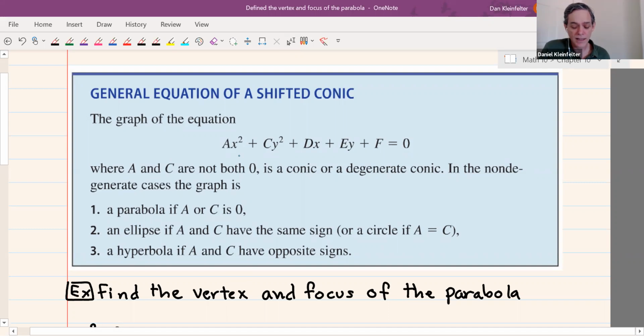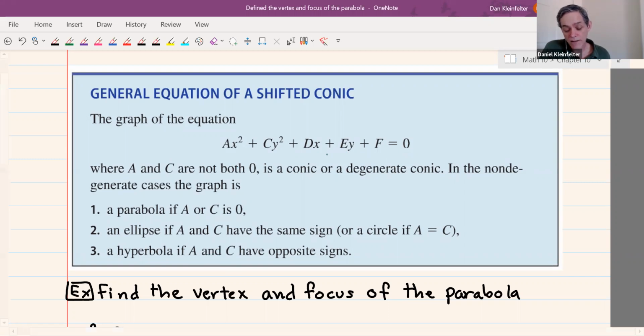If A and C are both positive, then we get either a circle or an ellipse. If they're equal to each other, we get a circle. If A and C are opposite signs, we get a hyperbola. We get a parabola if either A or C is zero, because then there's only one squared term. The other stuff, D, E, and F, determines shifting: where the graph was shifted, up or down or left or right.